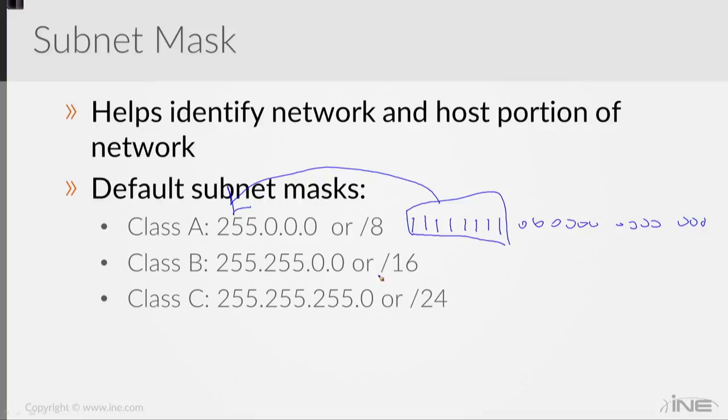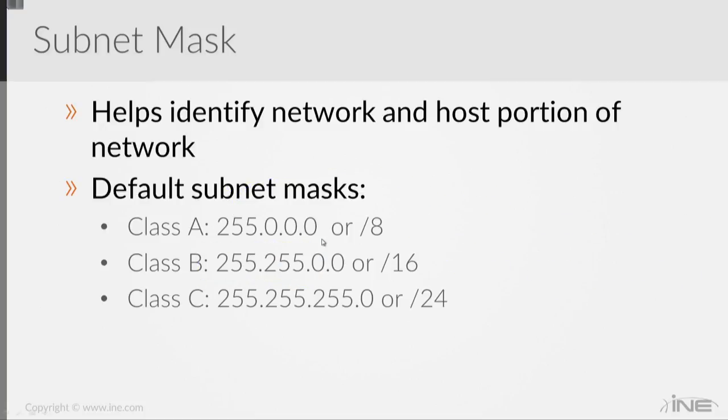A /16, 1, 2, 3, 4, 5, 6, 7, 8, 1, 2, 3, 4, 5, 6, 7, 8, and then all zeros. So that is 255.255. That's where we get that. So this is actually the way when you're configuring an IP address on an interface, in addition to the IP address itself, you have to configure the subnet mask as dotted decimal.